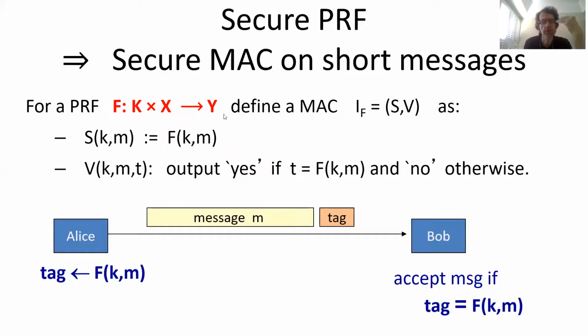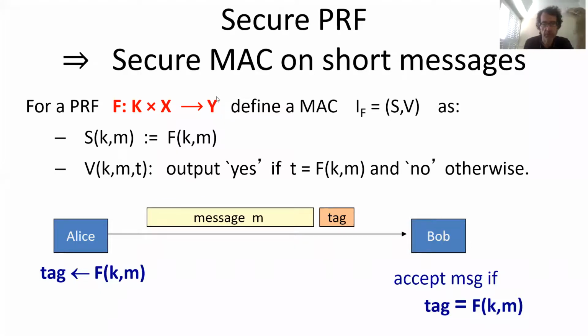So if you have seen F applied to a bunch of messages, this tells you no information about what F looks like on any new message. Therefore, you should not be able to predict these. So whatever new message you output as your forgery, your probability of guessing the tag correctly is, well, the value of this PRF was supposed to be indistinguishable from a random function with this range.